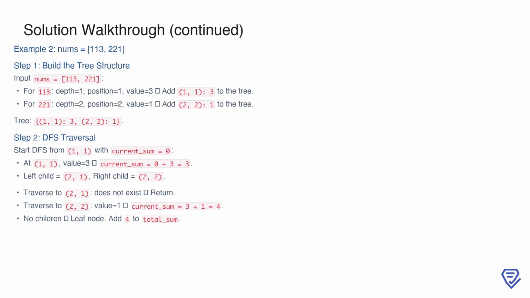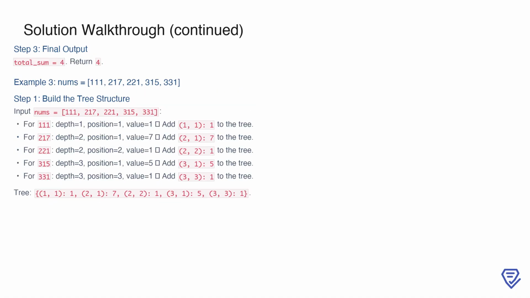Next, we perform a DFS traversal starting from the root, (1,1), with an initial current sum of 0. At the root, the value is 3, so current sum equals 3. The root has two potential children, a left child, (2,1), and a right child, (2,2). However, (2,1) does not exist in the tree, so we move directly to (2,2). At (2,2), the value is 1.